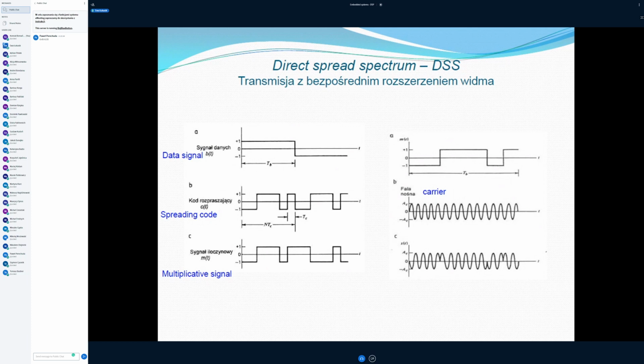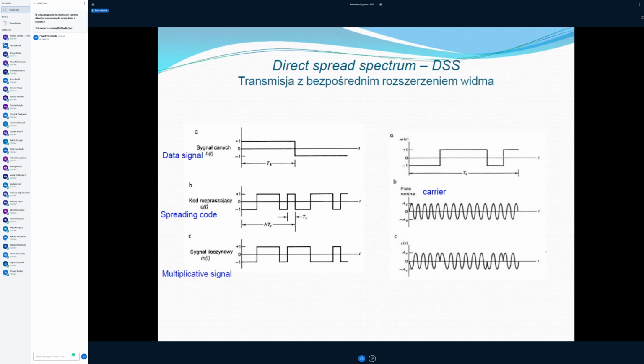If we have, for example, a spreading code of length 127, then we may imagine that our modulated spectrum will be 127 times wider than the original. And of course, the energy will be much smaller.